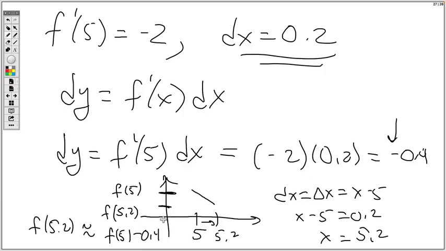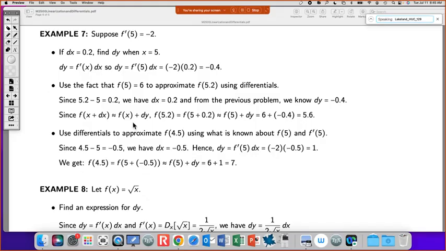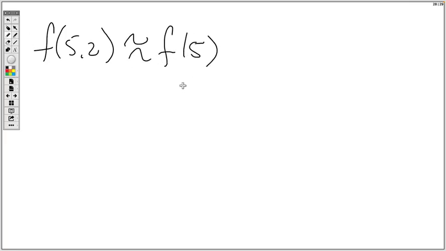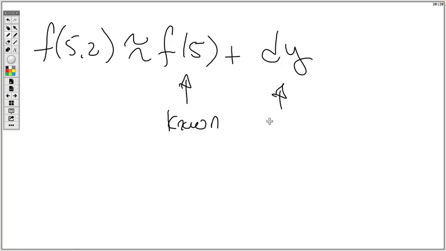Okay. So, let's go back. Use the fact that f of 5 equals 6 to approximate f of 5.2. So f of 5.2 is going to roughly be f of 5, right? This is what they told us. This is our known value plus our differential when x is 5 and the dx, the delta x, is 5.2 minus 5, which is 0.2.